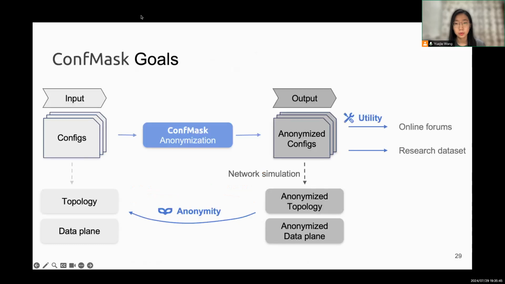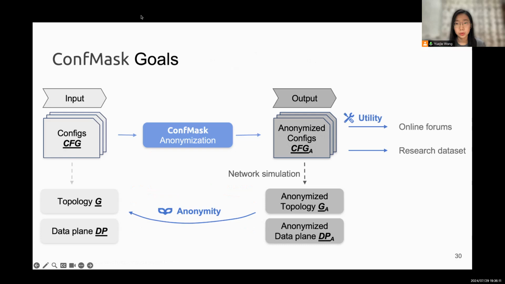In summary, ConfMask aims to protect the privacy of network owner during configuration sharing. Specifically, ConfMask modifies the configuration files such that the network topology and data plane appear to satisfy certain anonymity properties under network simulation. During this process, ConfMask also guarantees the utility for our target scenarios, including troubleshooting and research tasks.